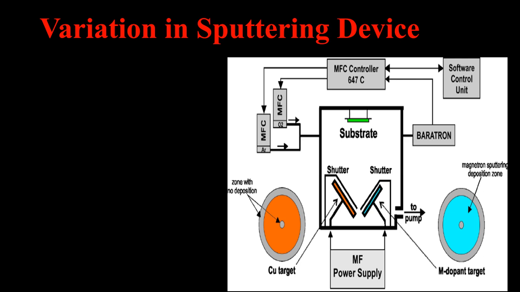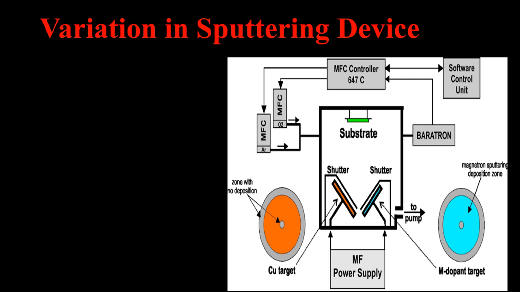How can we utilize the sputtering apparatus to deposit a complex thin film on the substrate? As we discussed previously about the deposition of alloys and compounds, if we have different types of alloys and different types of compounds, and we want to deposit all of them at the same time, what do we need to modify in the sputtering device?